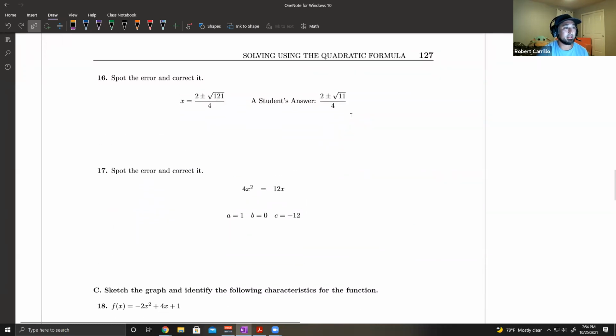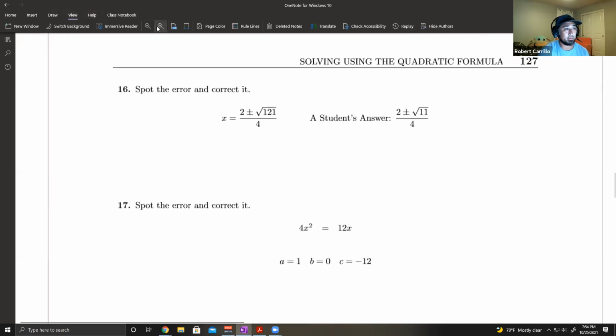Next. All right. Says spot the error and correct it. Okay. So let's look at this real fast. Here they have 2 plus or minus the square root of 121. Can you break down the square root of 121?